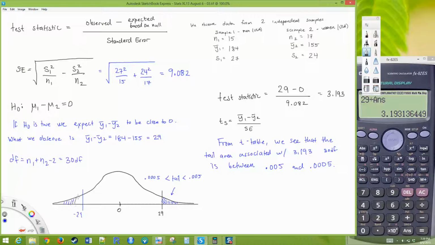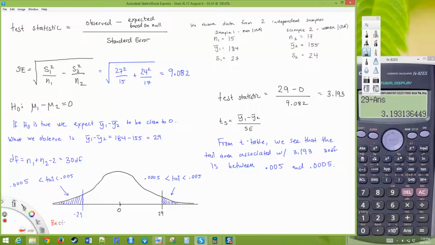We would look at the area shaded to the left of negative 29, and because it's symmetric, this tail is also between 5 thousandths and 5 ten-thousandths.